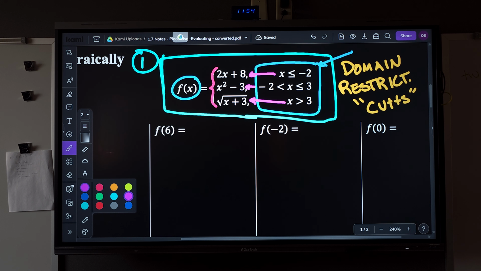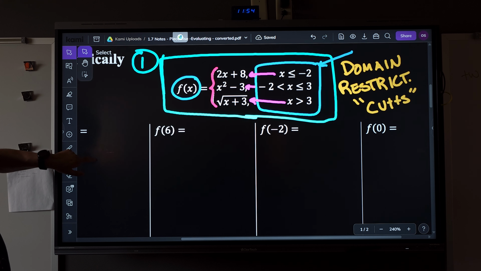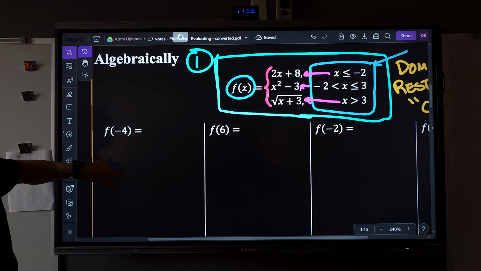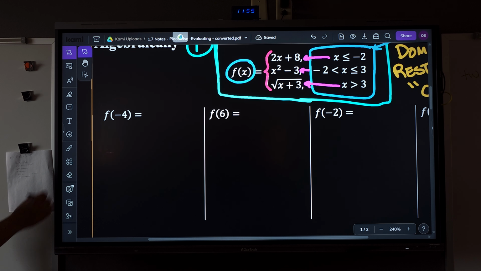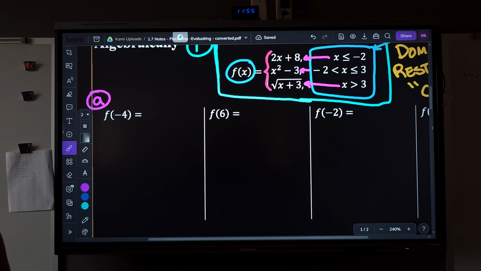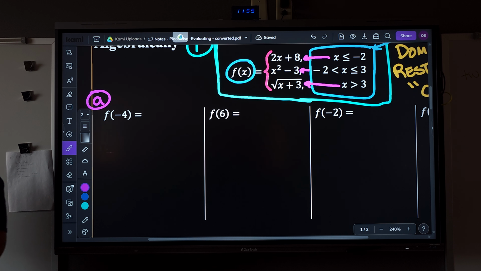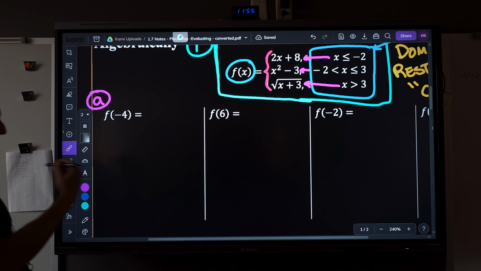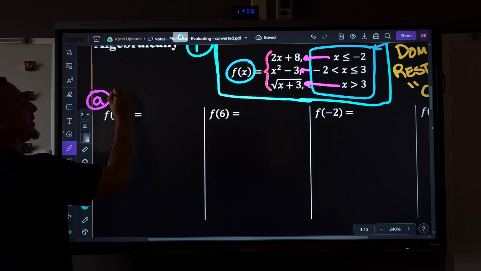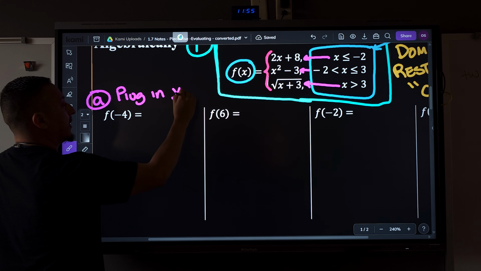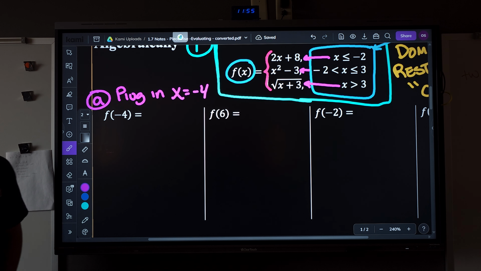Okay, just a little intro to what it is. We graph these, but we're going to do that on Monday. Today we're just going to evaluate. So I want you to put right below this, part A, and put the f of -4 on there. The f of -4, in simple words, would just say plug in x equals -4.